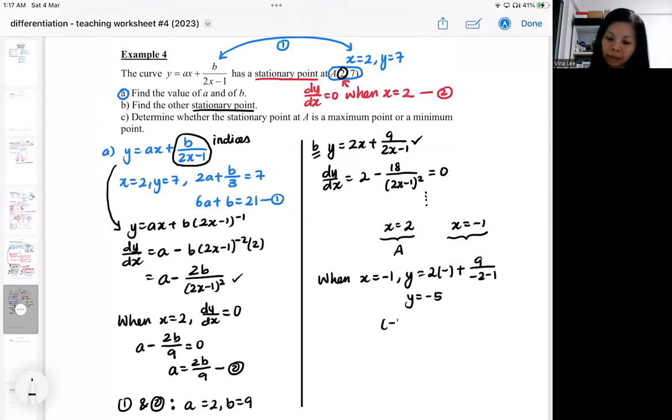So you will get the other stationary point. Don't blindly work out the two points. We are interested in the other one.